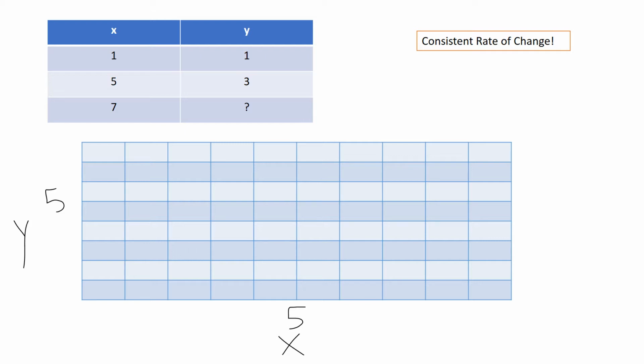So say we have a few lines, so we could have one that goes here. We could have one that's like this. And ones like this. Now all of these have different slopes or different rates of change, but if the dots are on the line, then it doesn't matter.